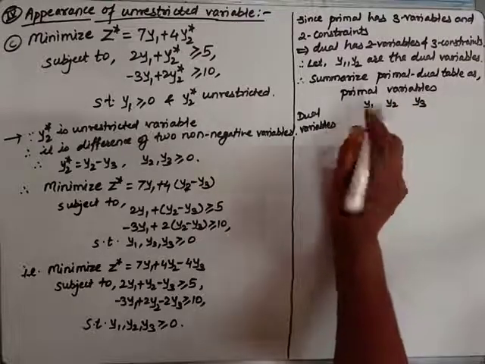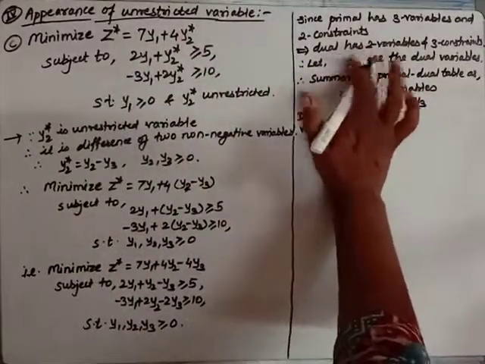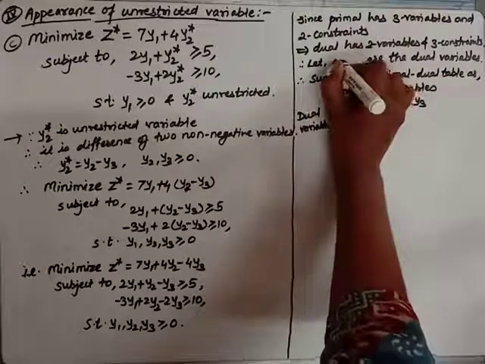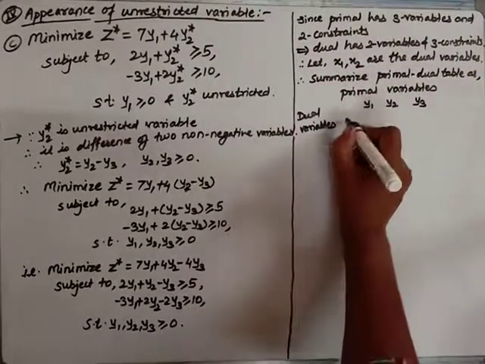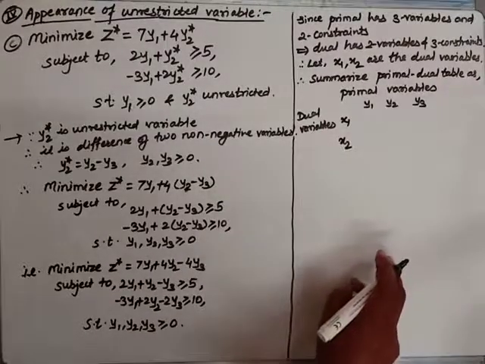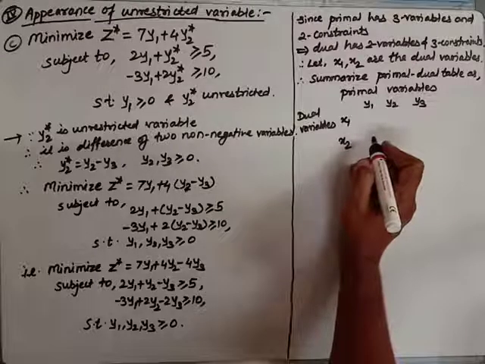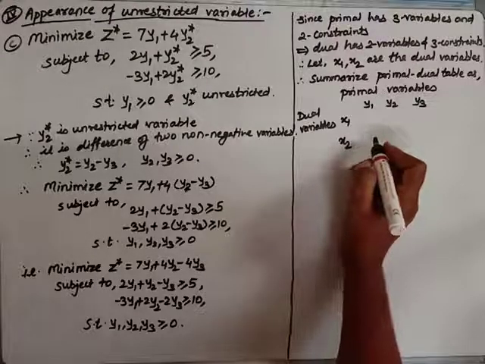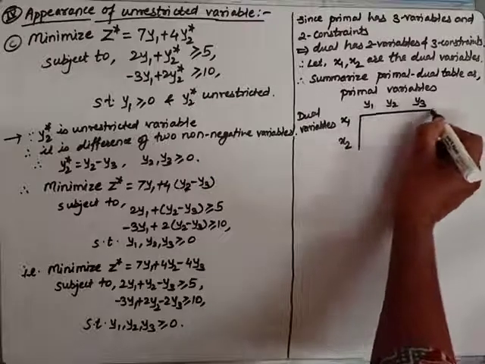Sorry, here I have made a mistake. y1, y2 are in primal, so here let me assume x1, x2. x1, x2 are the dual variables. Suppose x1 and x2 are our dual variables. So what are the coefficients? Let us write them down.